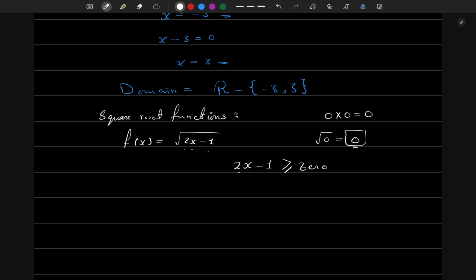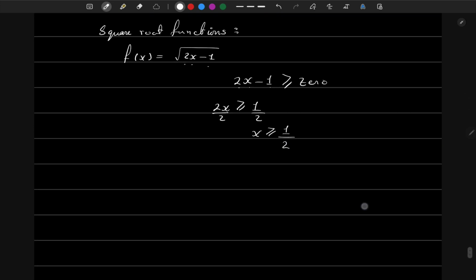Okay. Then solve for x. 2x minus 1, 2x is greater than or equal to 1. Then divide both sides by 2, and I will end up with x being greater than or equal to 1 over 2.